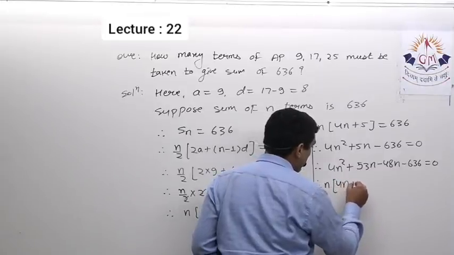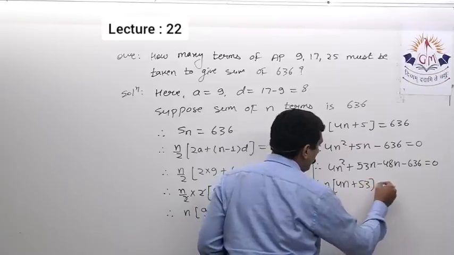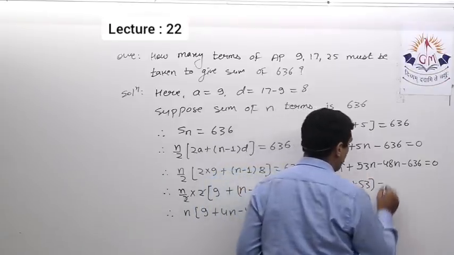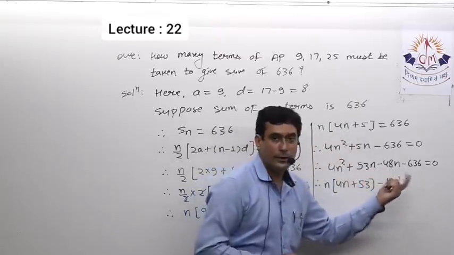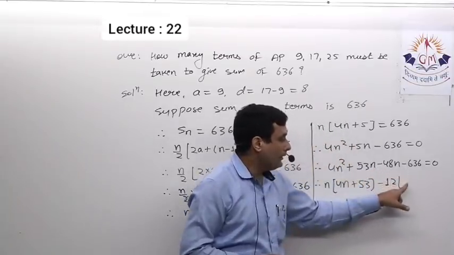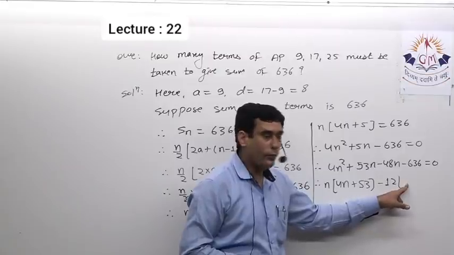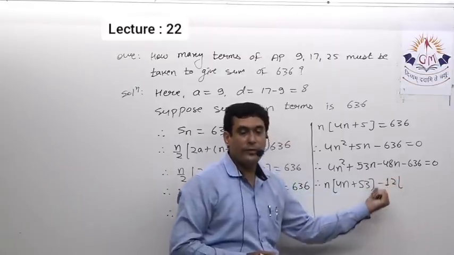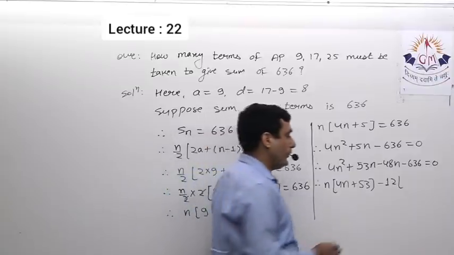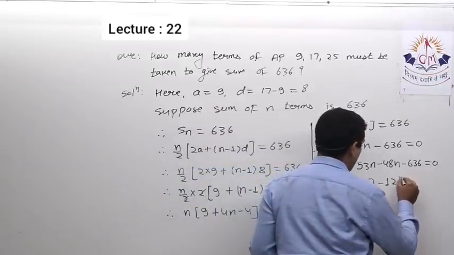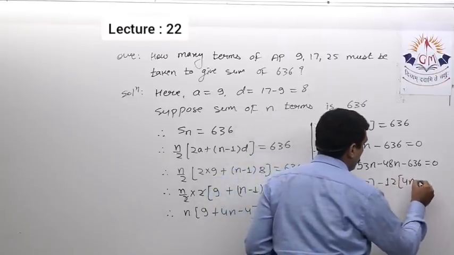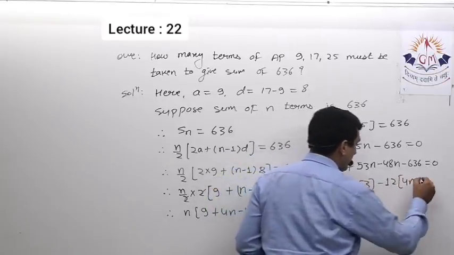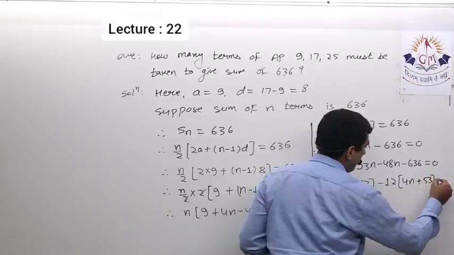4n plus 53. From here I can take minus 12 common. I don't know what common I should take, but what I know is that here in the bracket definitely should be 4n, and to get 4 over here definitely I have to take 12 common. So here it is 4n, 12 4s are 48, and here definitely you should get 53 is equal to 0.